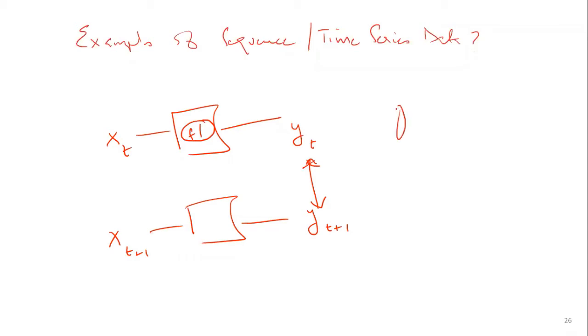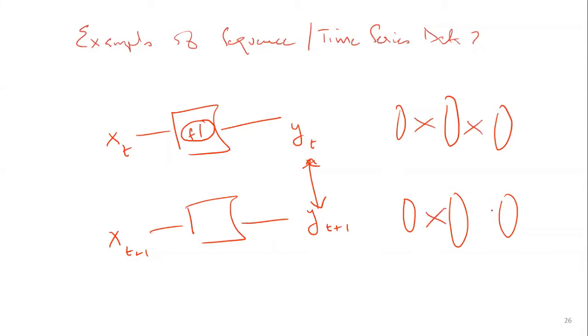Let's say this is the input layer, this is a hidden layer, and this is the output layer. This is another input layer, this is another hidden layer. Let's assume that this is a shallow network with only a hidden layer. So this is the network. This is x of t plus 1, y of t plus 1. How do you think these should be related to each other?